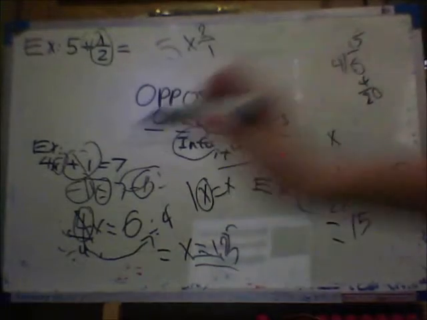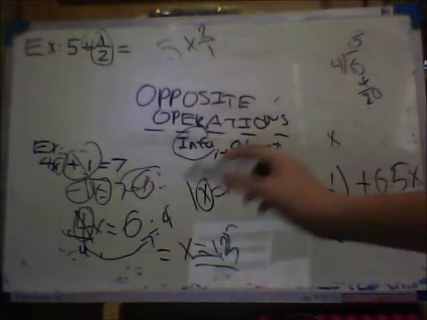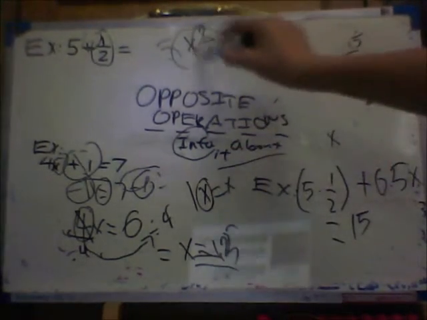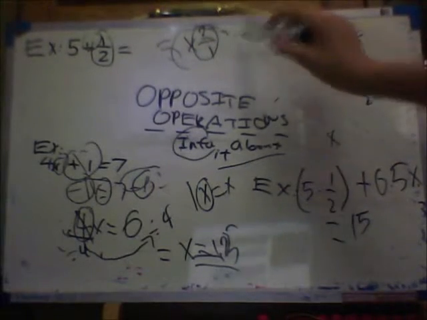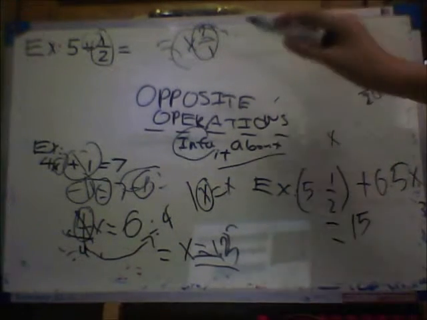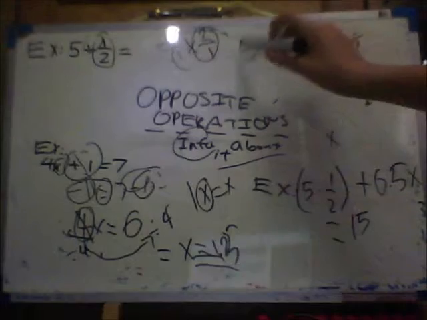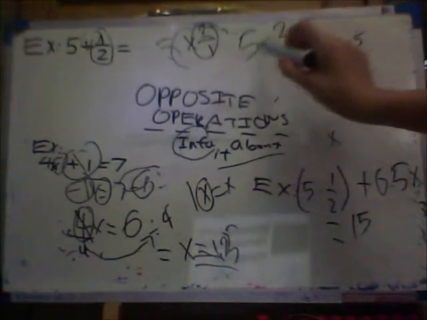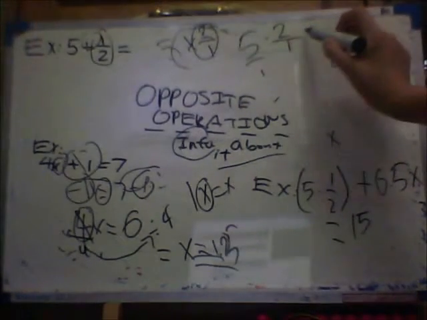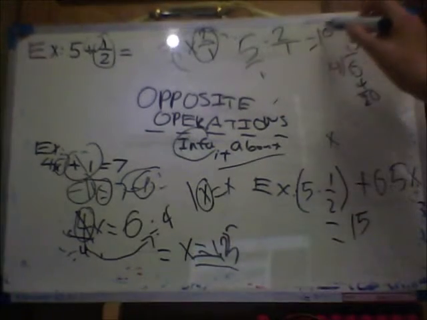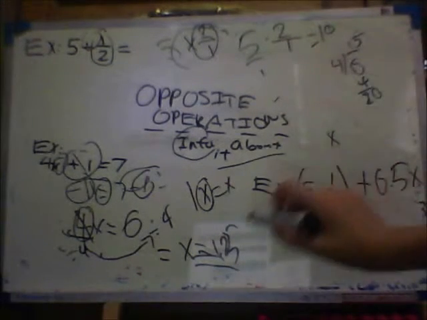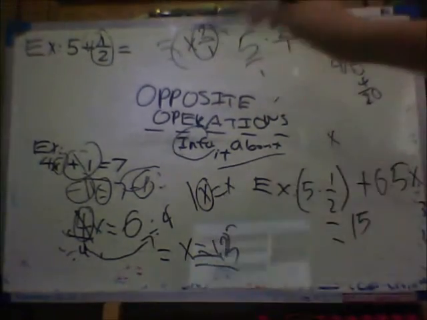That's the reciprocal. This reciprocal part is our opposite operation stuff. So you do 5 times 2 over 1, which equals 10. So that's how you solve the second one.